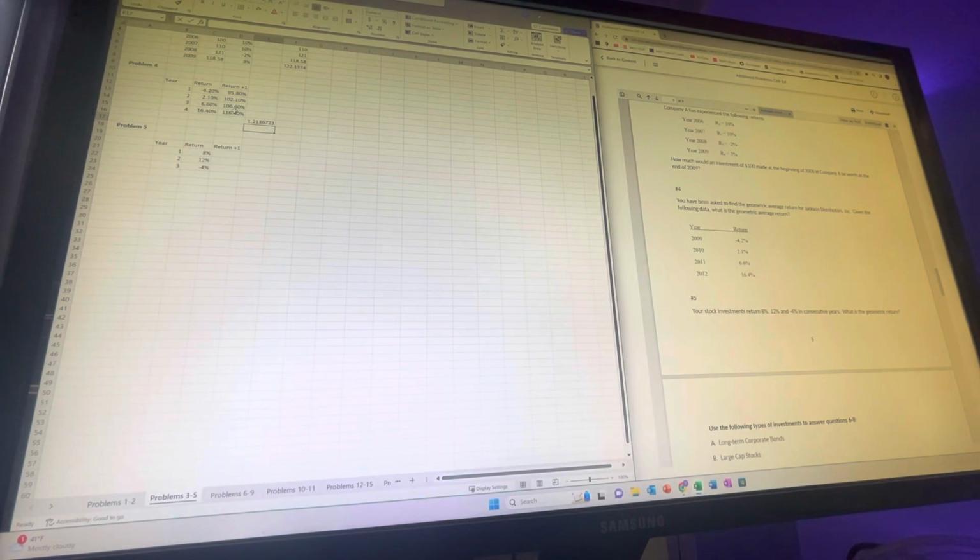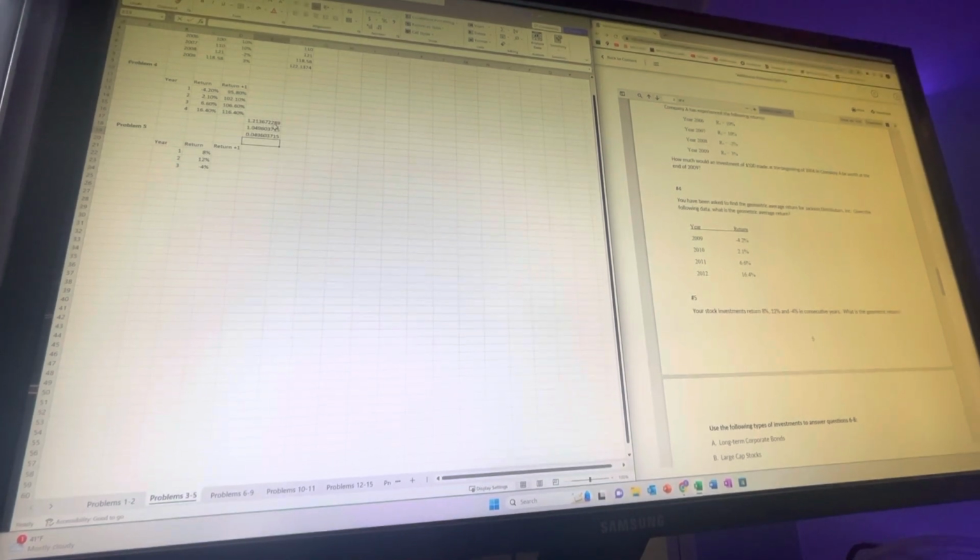Then we're going to raise this to the power of t, to 1 over our periods. We have 4 periods, so we put a 4 in, enter 1.049, and then we subtract 1. So equals this value, subtract 1. So this is 4.96%, even though it's a 0.04.